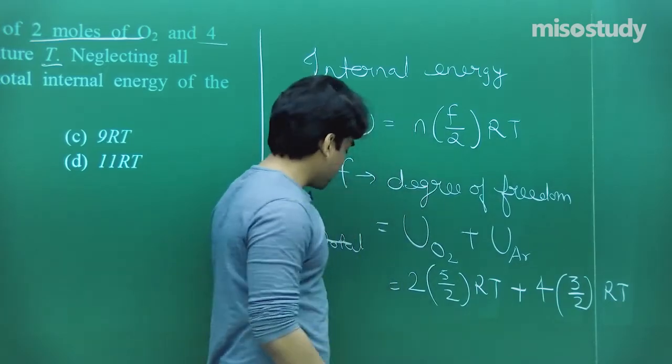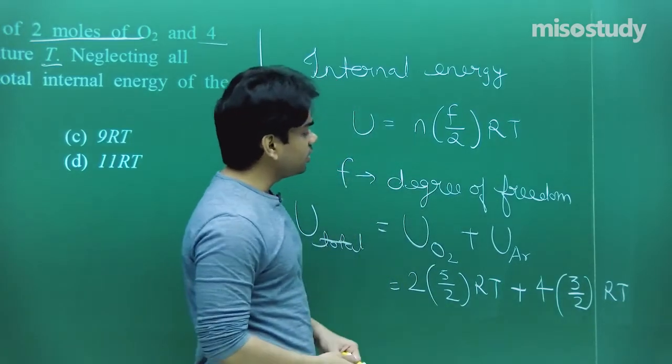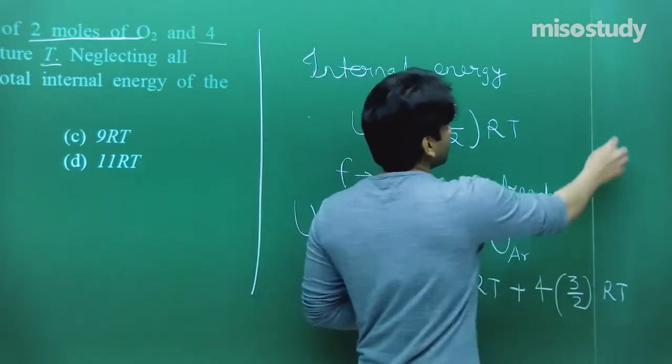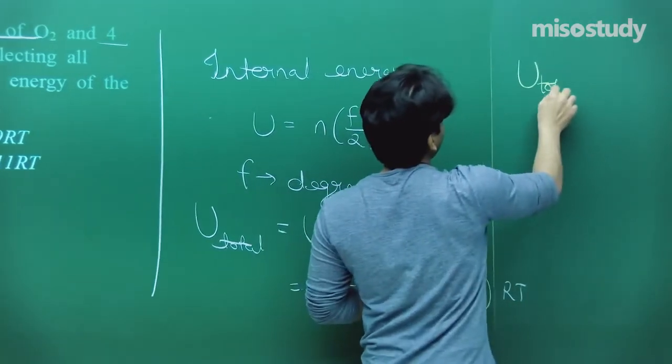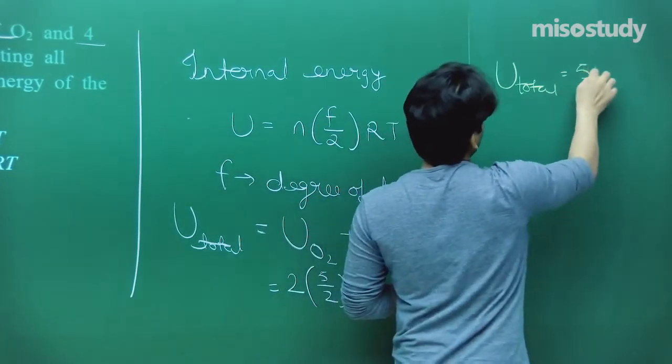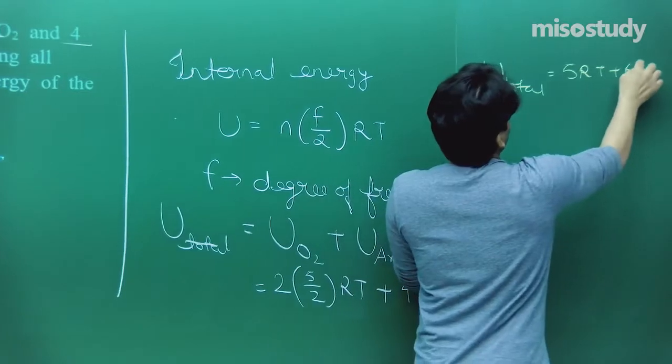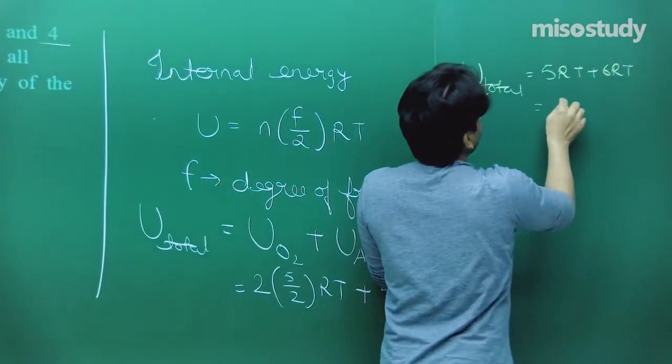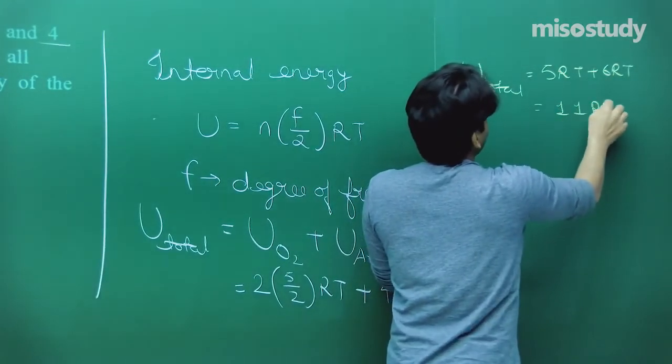Let's be very quick in solving this. This will be 5 RT, this will be 6 RT, so you will be getting U total as 5 RT plus 6 RT, that will be in total equal to 11 RT.